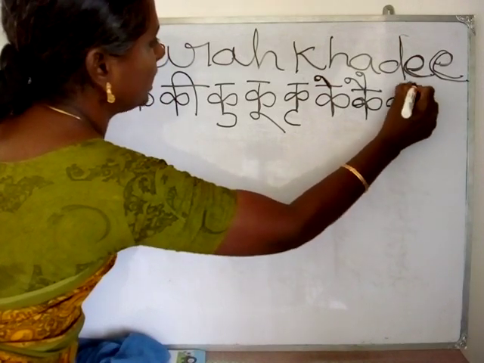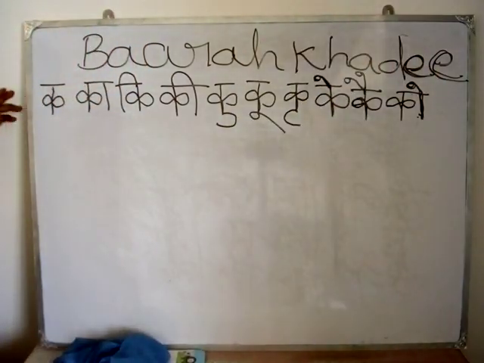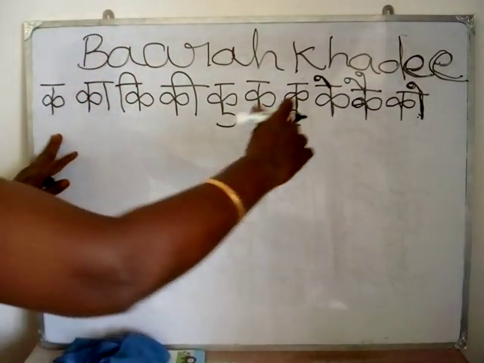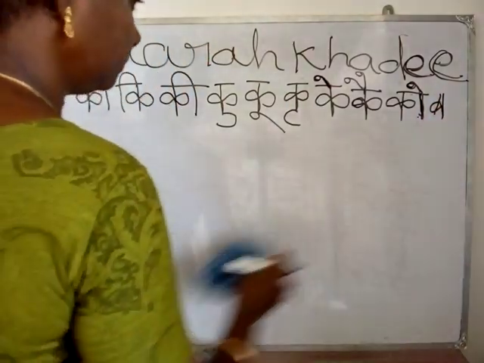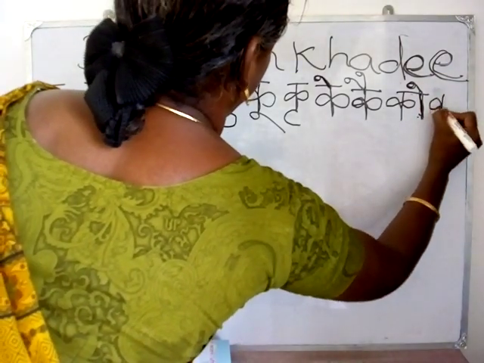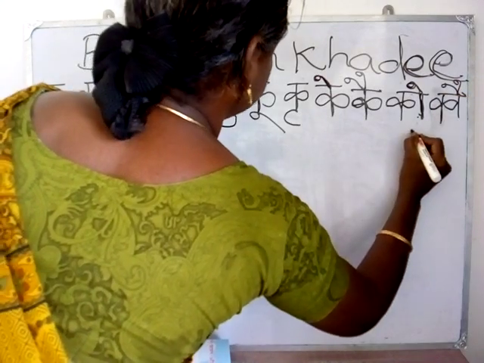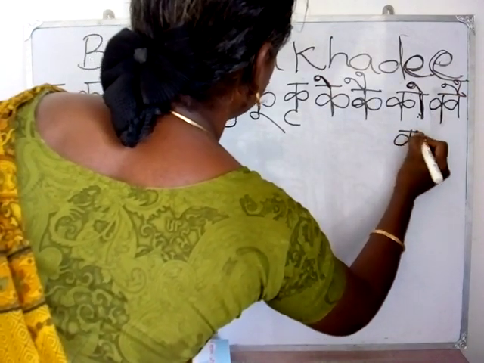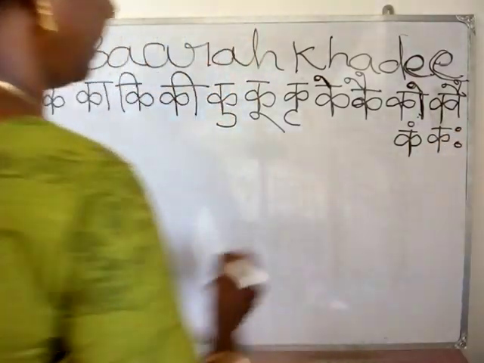Wherever you are putting the curve, for the last one you have to put the curve. Ko, this is cow. Ka, one line and two curves, kau. Then ka, up one dot, kam, side two dots, kaha.